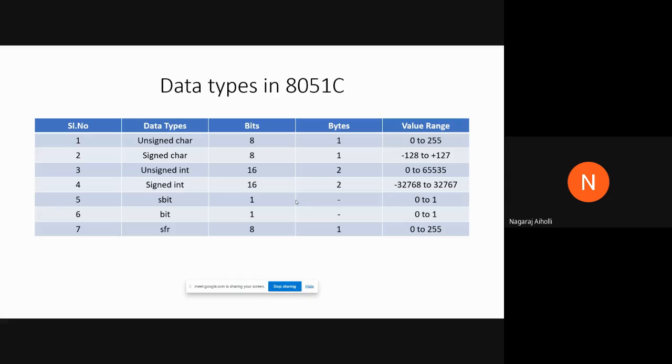Most special function registers in 8051 are 8-bit, except a few like DPTR and the program counter, which are 16-bit. It is 1 byte, and the values it can store are between 0 to 255. So these are the various data types in 8051 C language.